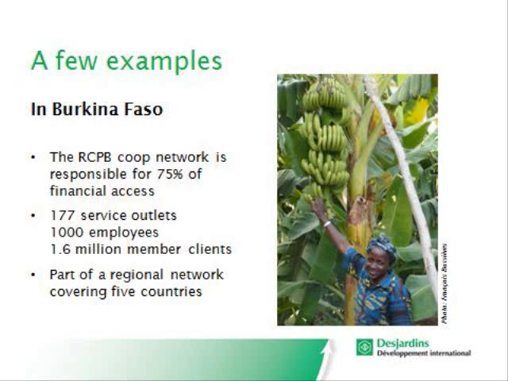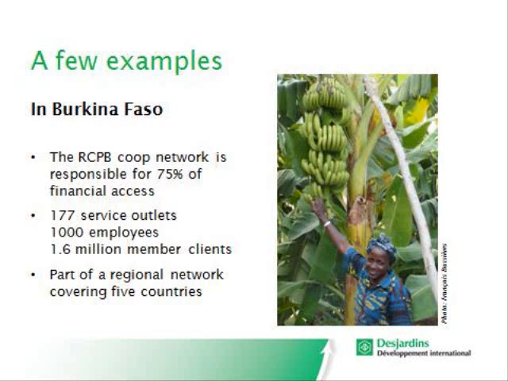It has 1,000 employees and assets worth $253 million. Maybe that's a number that will not impress many North Americans, but knowing that the average loan in Africa is less than $1,000, then you realize that these 250 million mean many, many people reached. The RCPB provides financial services to 1.6 million members in both rural and urban areas.